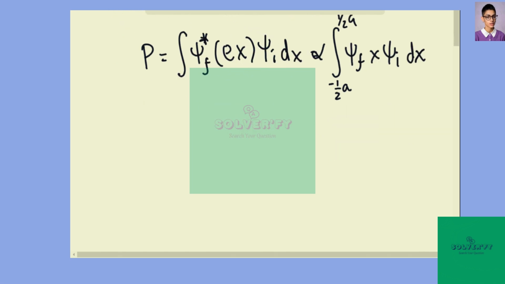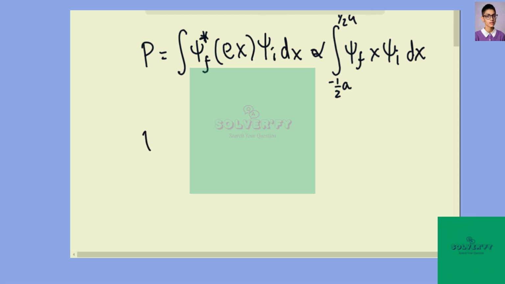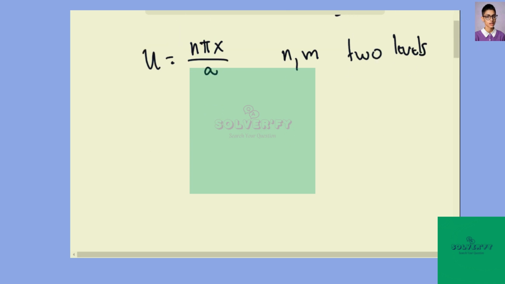Now, in the following, we are going to do the following change, that u is equal to n times pi times x divided by a. And also, we're going to denote n and m the two levels. Now, for the first case, we're going to do the transitions between even levels.